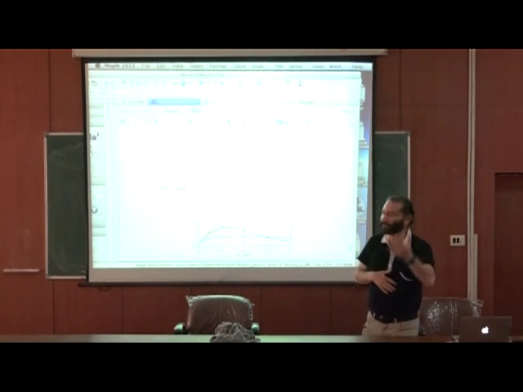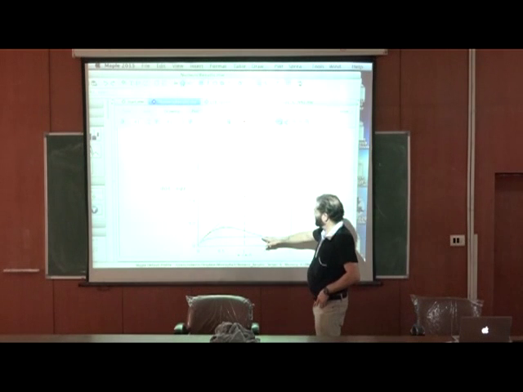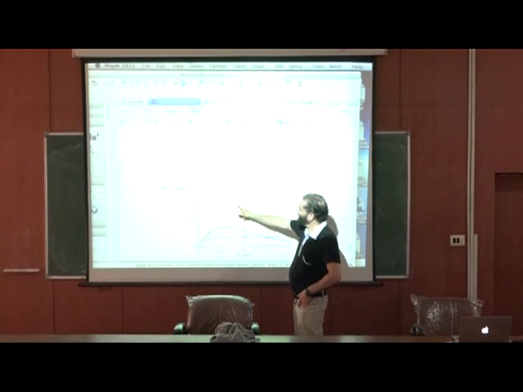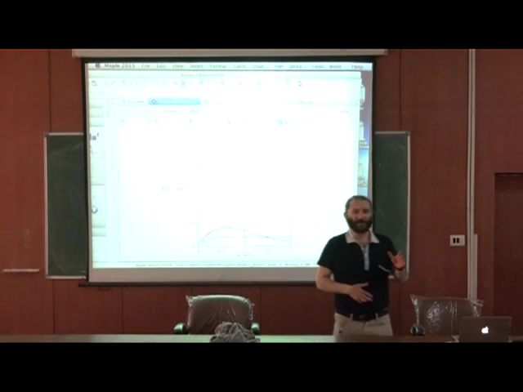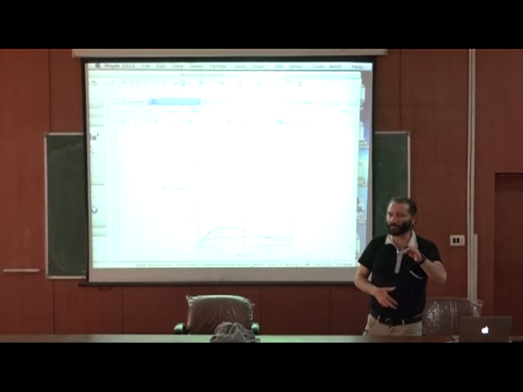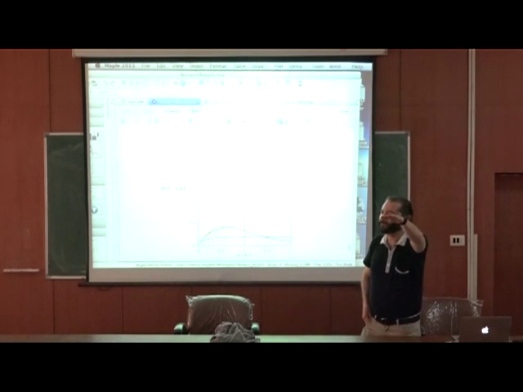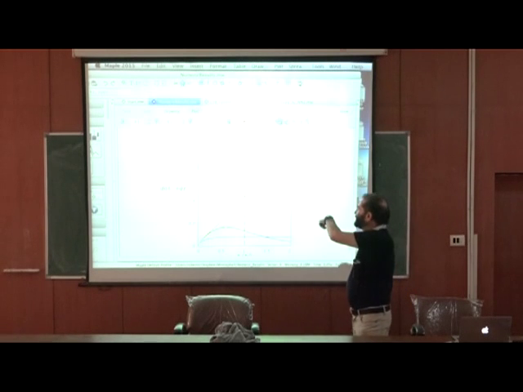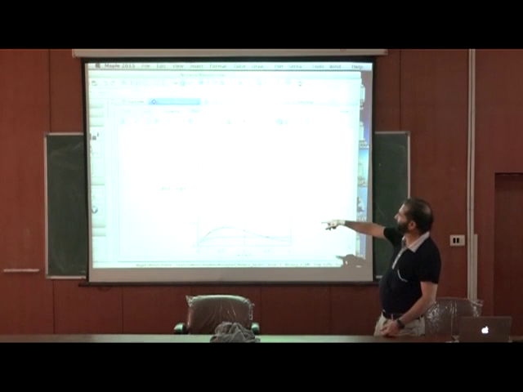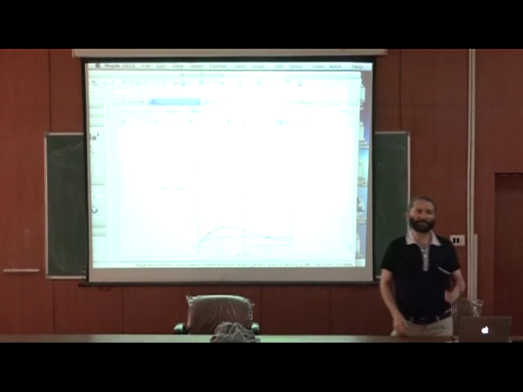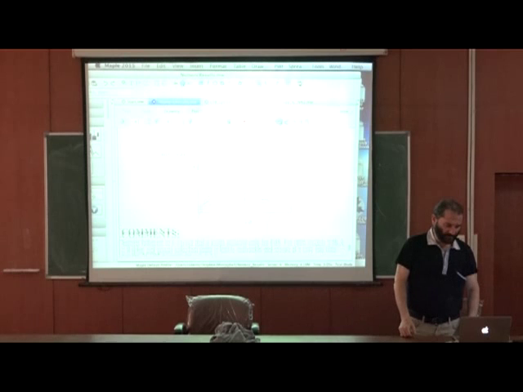If you integrate these curves, you can see that this one tends to infinity logarithmically, this one tends to infinity exponentially, and this one tends to a finite value. So only if you put in a cosmological constant will gravitational entropy tend to a saturation value. This was found through these plots in that paper on gravitational entropy.